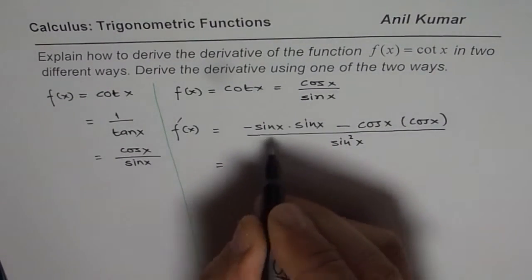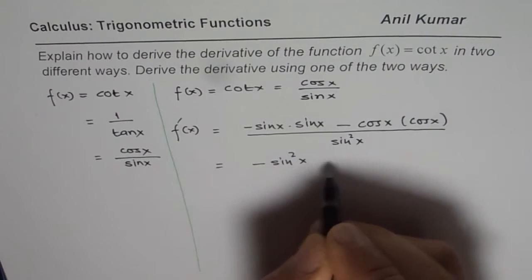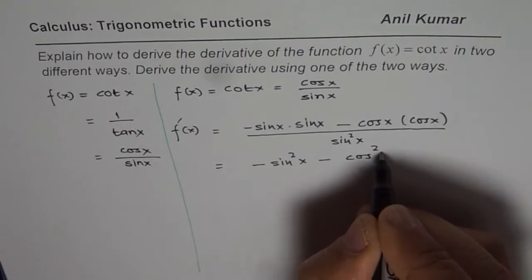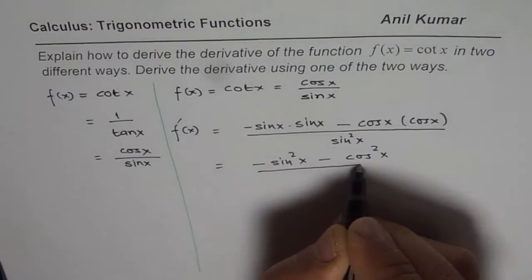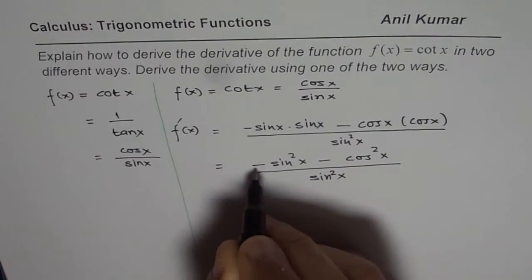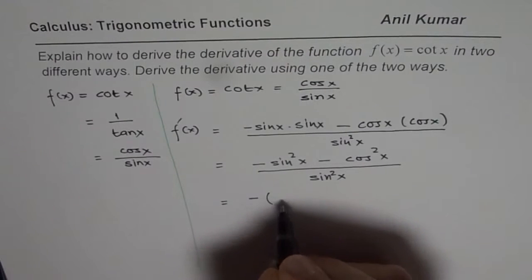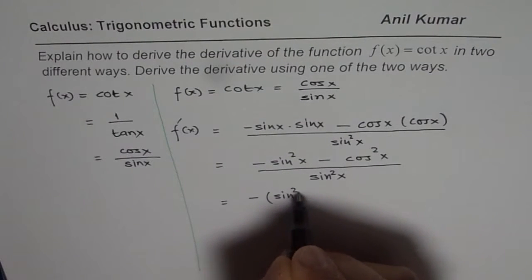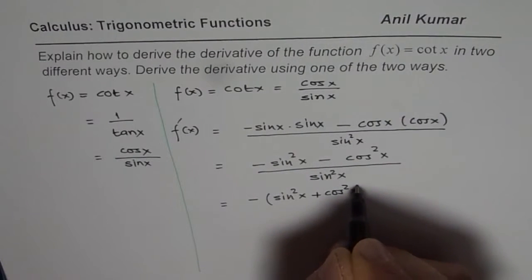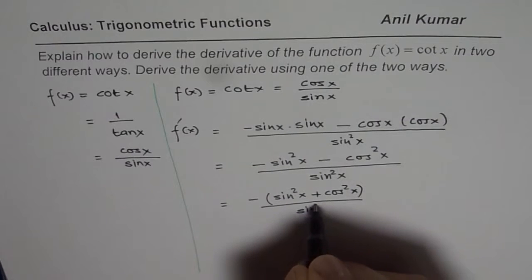So solving this, we get minus sin square x minus cos square x over sin square x. We could take minus common, right? So if I take minus common, I get sin square x plus cos square x divided by sin square x.